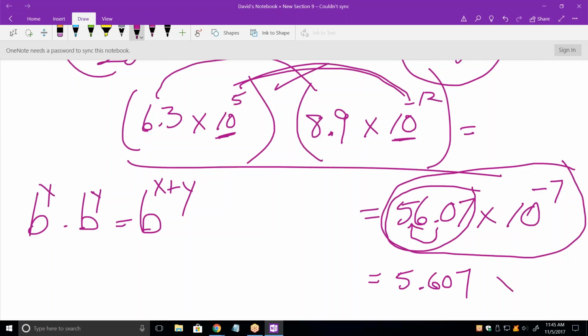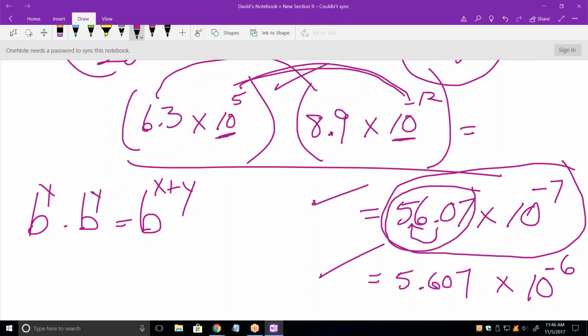And since I moved it to the left, then this is going to be one more. Now, that can be confusing as to which way you move it. Okay, let's talk about that.